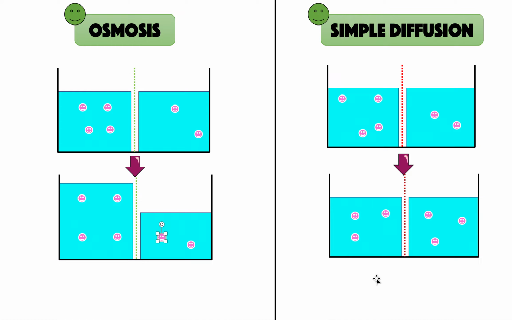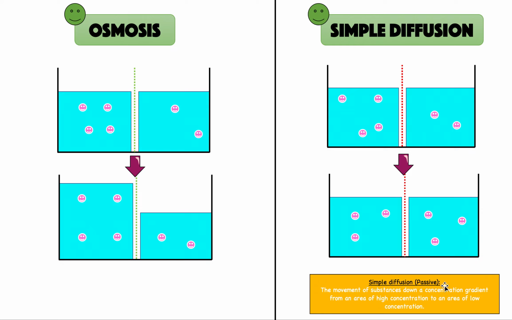So if we had to put a definition here of simple diffusion, we can say it's the movement of substances down a concentration gradient, right? It was very concentrated here, very low concentration here, so it moved from the area of high concentration to the area of low concentration in order to make this equilibrium. That's what simple diffusion is.